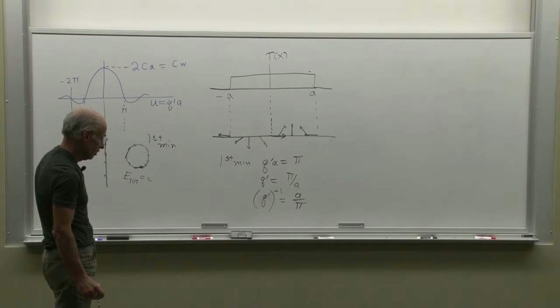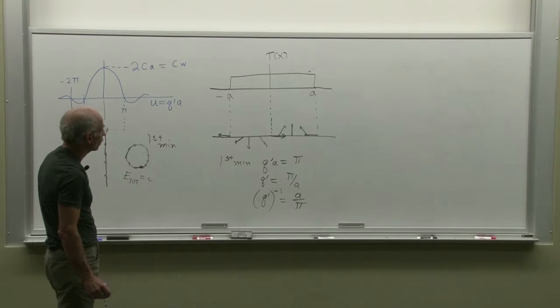At the first minimum, I've got a length scale of A over pi.